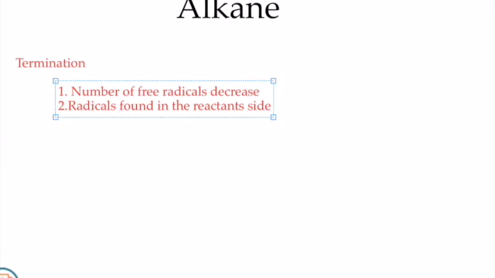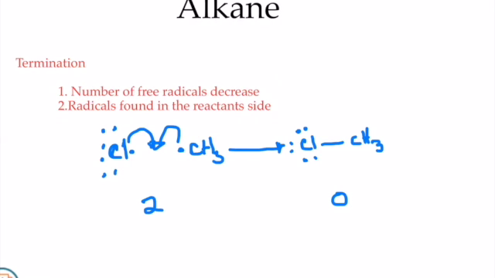For termination, you will notice that the number of free radicals has decreased. But also notice, for an easy identification, that you will see the radicals only found on the reactant side. As you can see here, you can only see radicals on the reactant side.